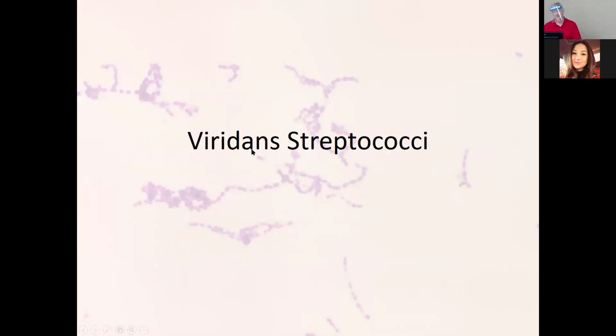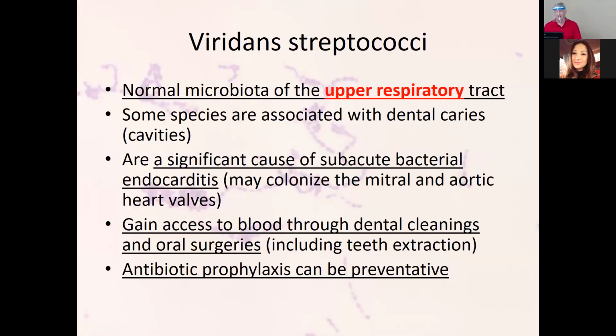All right, bacterial. Viridans strep is normal flora for the upper respiratory tract, but it can lead to endocarditis. And one of the things here to finish up, because you may be going to the dentist soon, and if you get antibiotic prophylaxis, that means you're going to have some kind of aggressive procedure, a tooth pulling, a root canal, and they'll put you on some antibiotic before you come in, because they're trying to knock out the strep viridans.